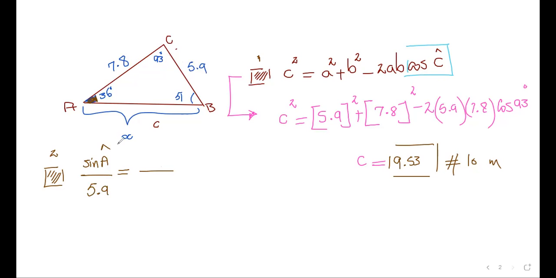I'm looking for this length, X or C. I put C here, but I look at this angle C, which is sine of C. You see what happened? With the angle A, I knew the length and I knew the angle.